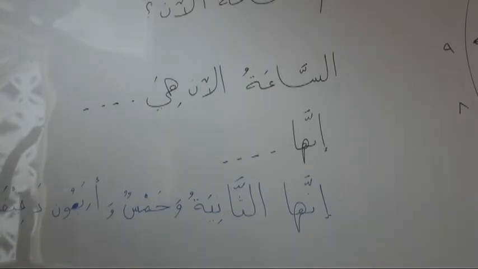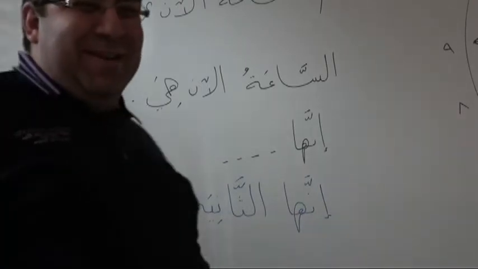Okay, is this correct? Who says yes? Or who says no? Okay, Fatima, correct it for us. خمسة عشرة دقيقة. Okay, is this correct? Aisha is saying no. Correct it for us. إلا ربع. No, this is another way.